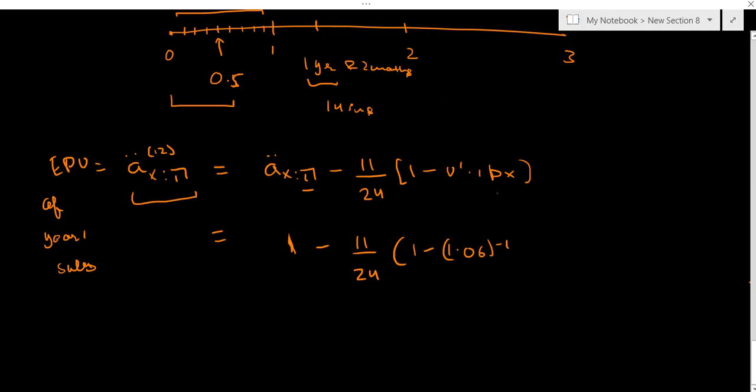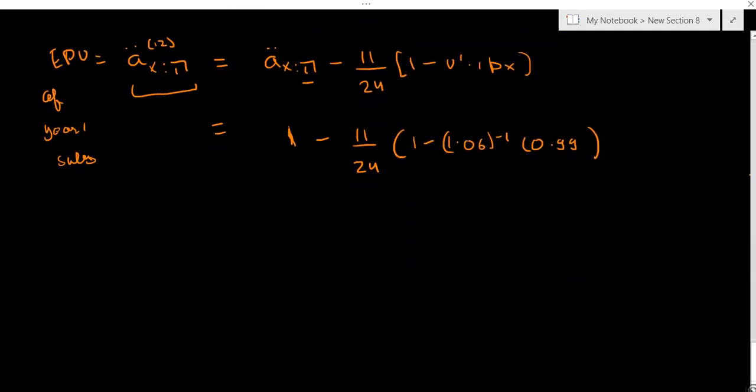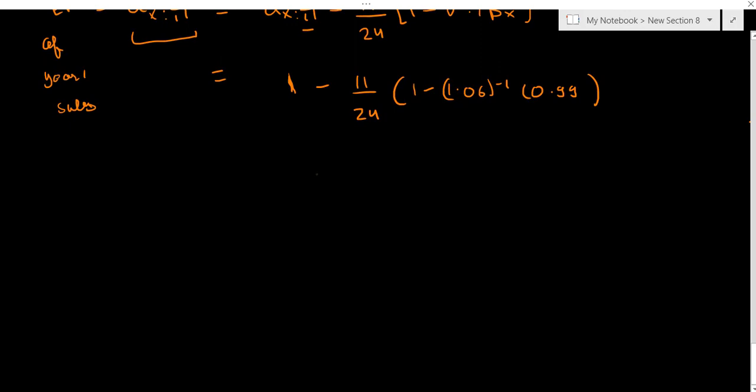And the probability that X survives for 1 year: the mortality was 1%, so the survival probability would be 0.99, right? So this is the factor that I have, and the value comes out to be 0.96973. Okay, so this is your value for the first year's payments.